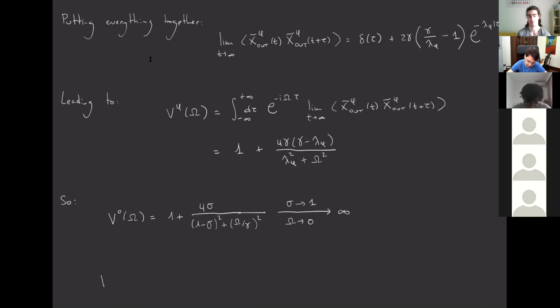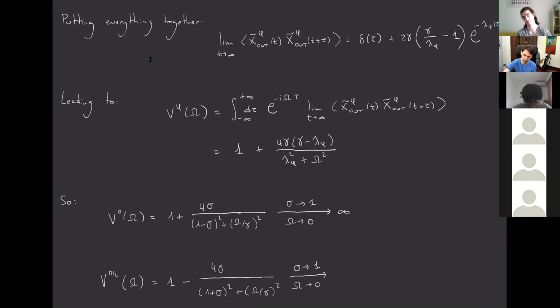But now the interesting part comes in the momentum quadrature. So if you take the momentum quadrature, then the expression that you will find is this one. Okay? And now you see that this is very different because when sigma goes towards 1 and omega goes towards 0, what happens?